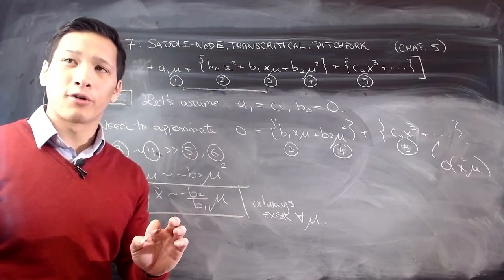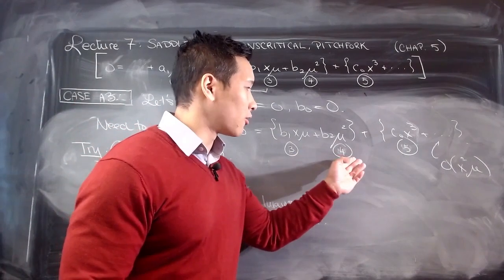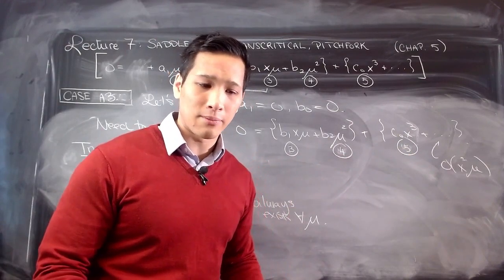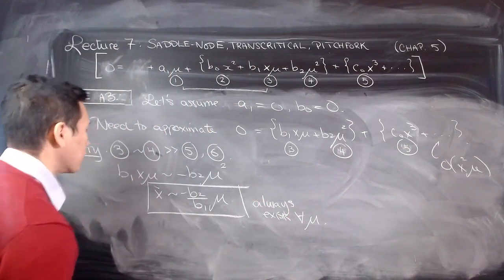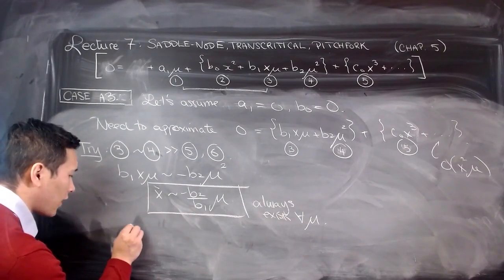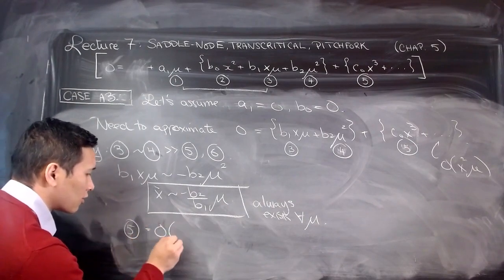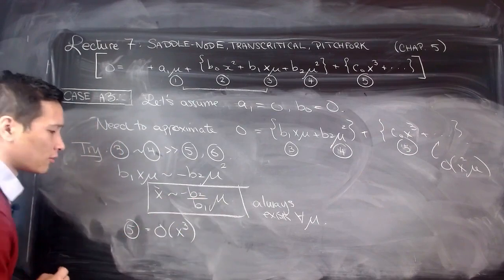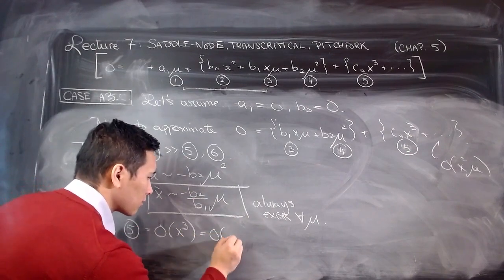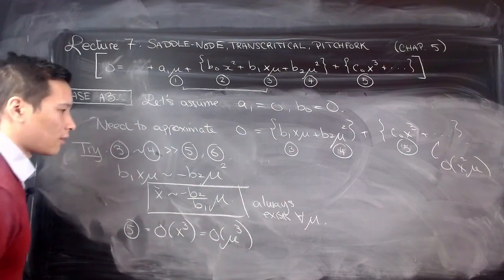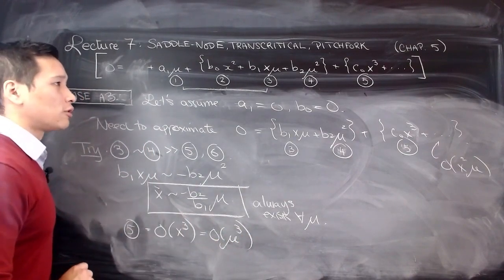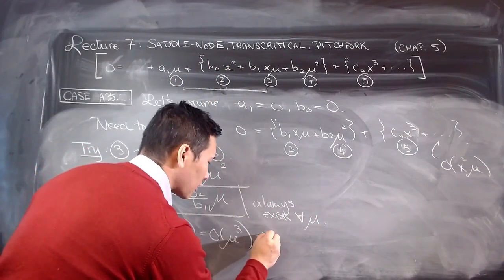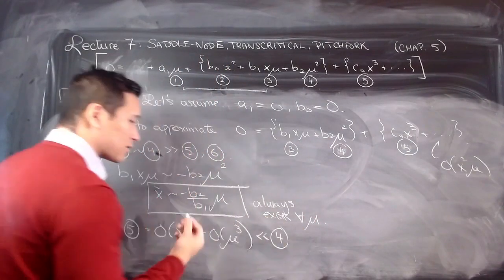Actually, before we go, I'm sort of jumping around here. Let's make sure that 5 is smaller. Let's make sure that this is a consistent balance. So let's just check. 5 is then order x cubed, and if x is order mu, then this is order mu cubed. And the question is, is mu cubed smaller than the things that we were using, 3 and 4? This is indeed smaller than 4, which was in balance with 3.